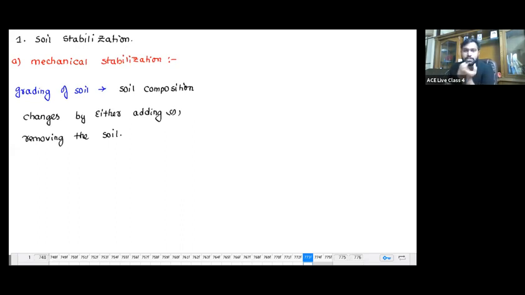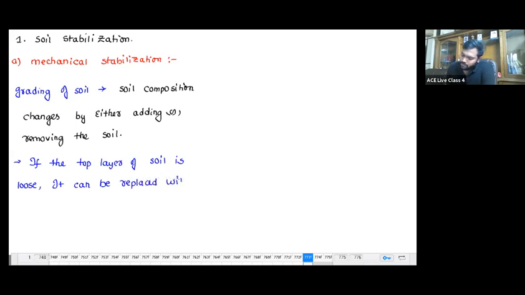If the top layer of the soil is loose, it can be replaced with highly graded material, which in turn improves the grading of soil.